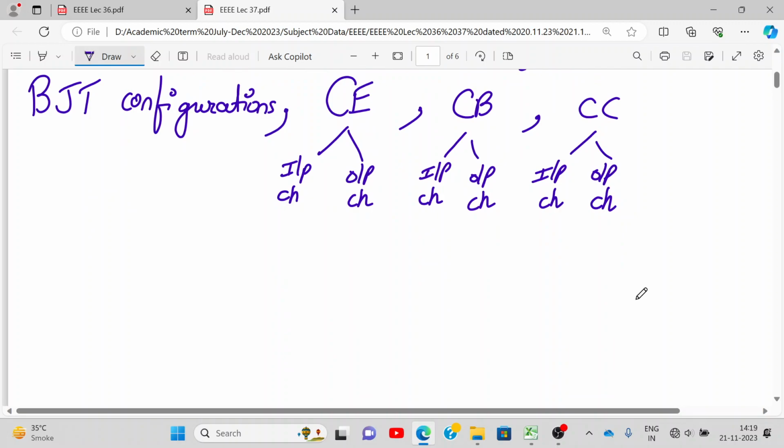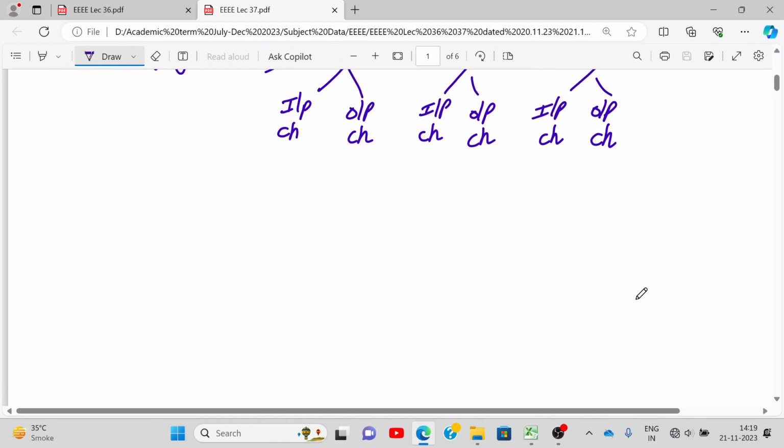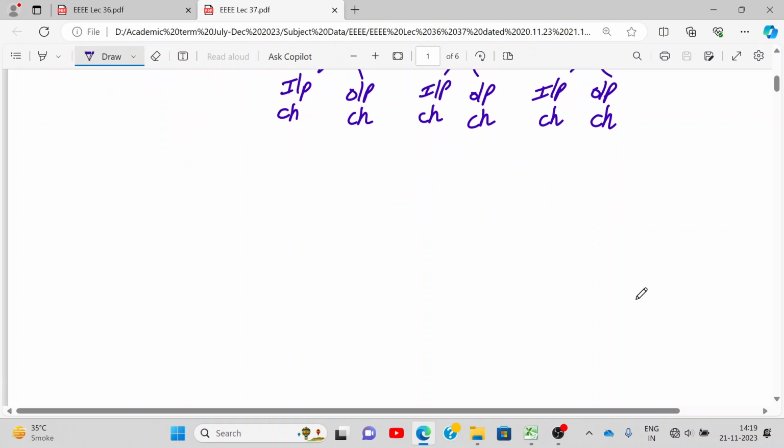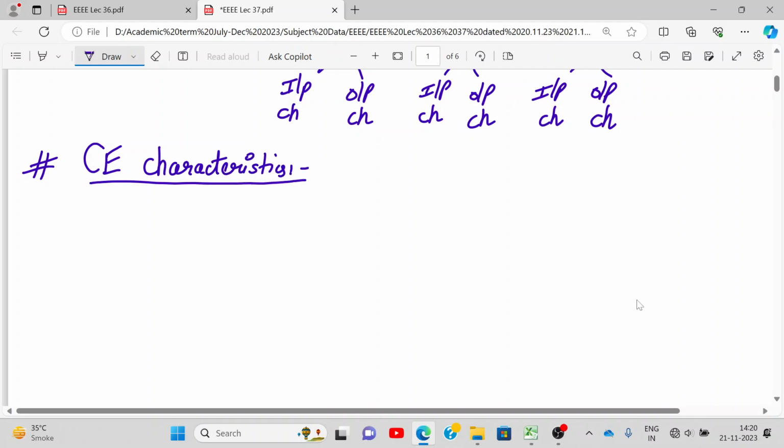Okay. Can we start with common emitter? So write down common emitter configuration. I'm writing short form. Common emitter characteristics. In common emitter configuration, first of all, let me draw. I'm drawing a very rudimentary picture.